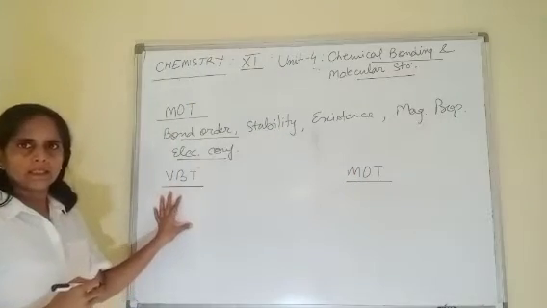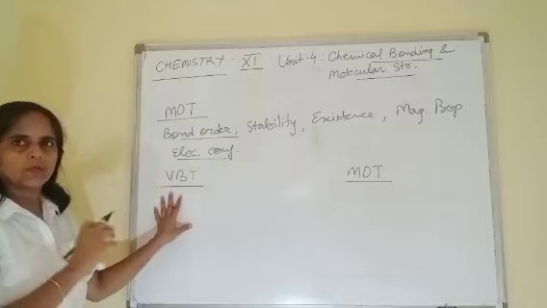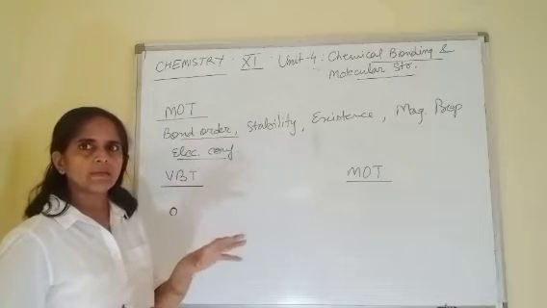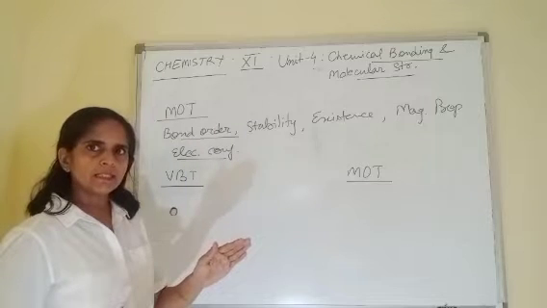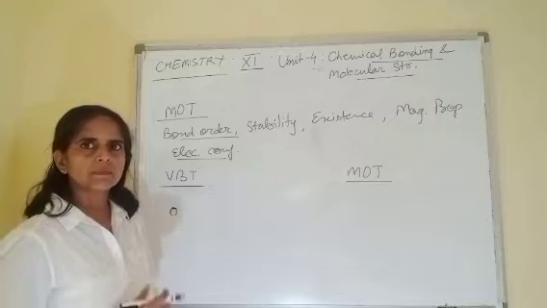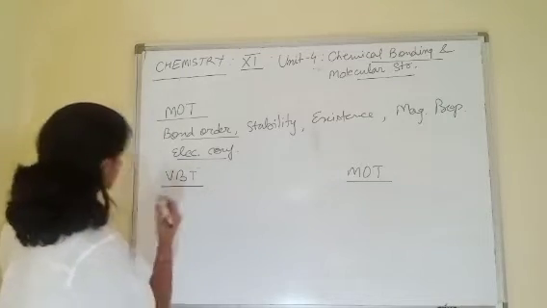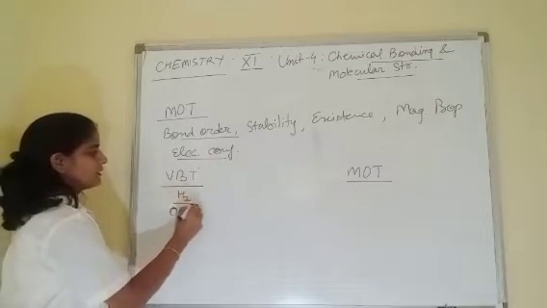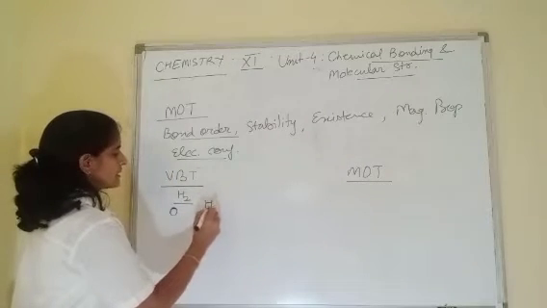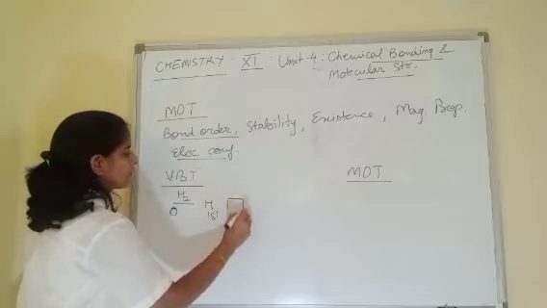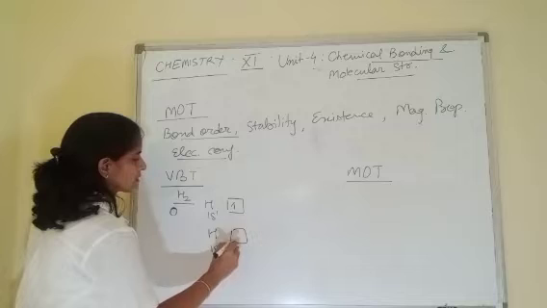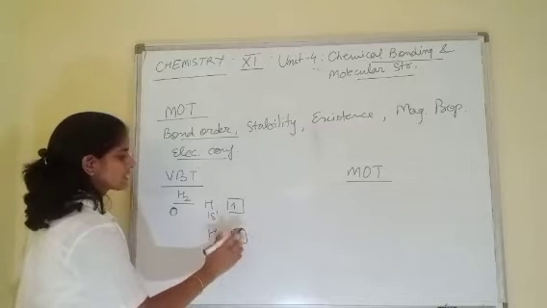According to VBT, whenever two atomic orbitals overlap, now what is the condition for overlapping? You must be remembering: half-filled atomic orbitals having opposite spin electrons. They overlap. Such as, if you take the example of the hydrogen molecule, one hydrogen atomic orbital 1s1 and a second 1s1 with opposite spin.